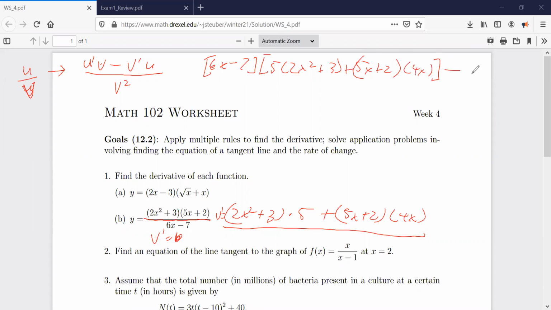And then we subtract the derivative of the bottom, so that's 6 times the top, so that's 2x. All that's over 6x minus 7 all squared. So this is basically just making sure that you know how to stack rules. I doubt that they will give you anything this messy on the test, but you should know how to combine them, mix and match. Does this make sense to everybody?